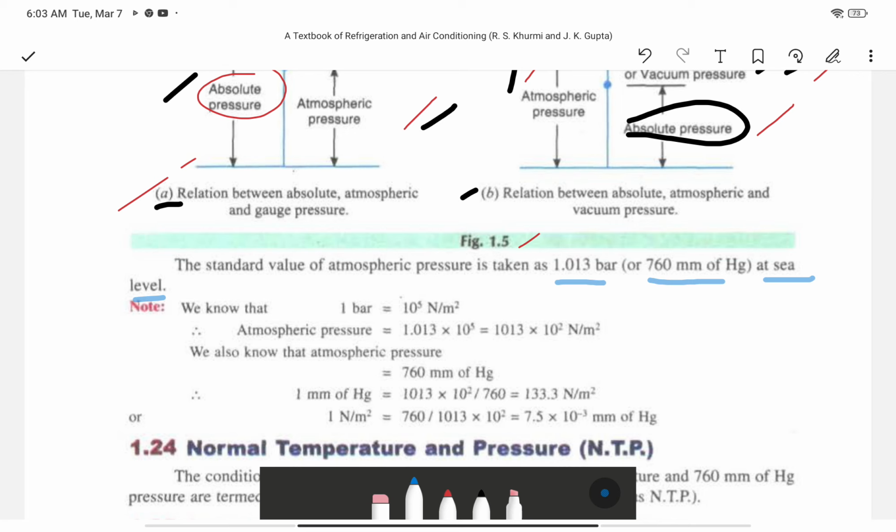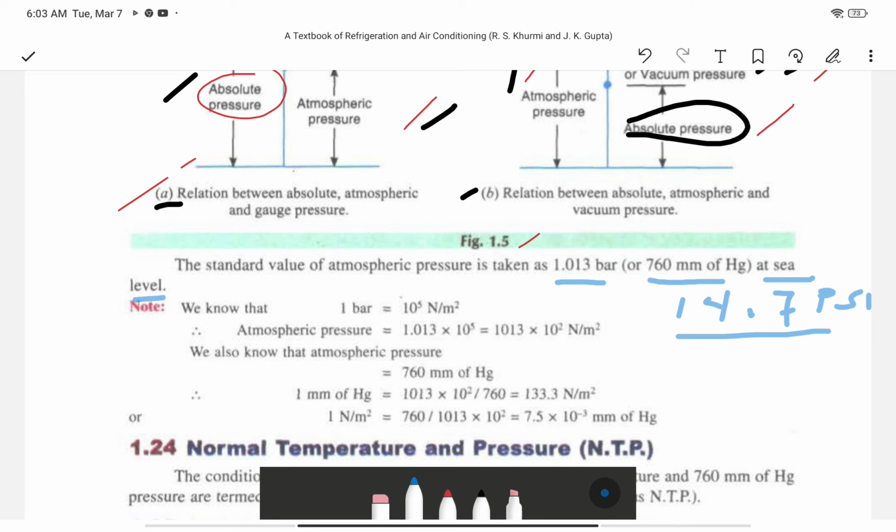In the English system, this is 14.7 psi, approximately.